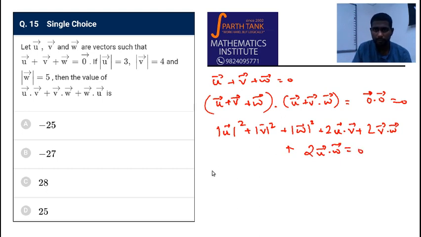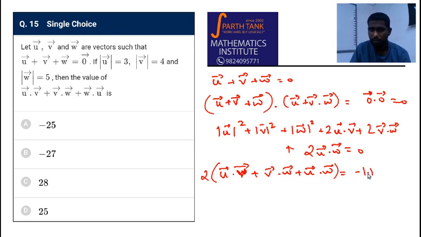Therefore, u dot v plus v dot w plus u dot w, into 2, is nothing but minus mod u square minus mod v square minus mod w square.